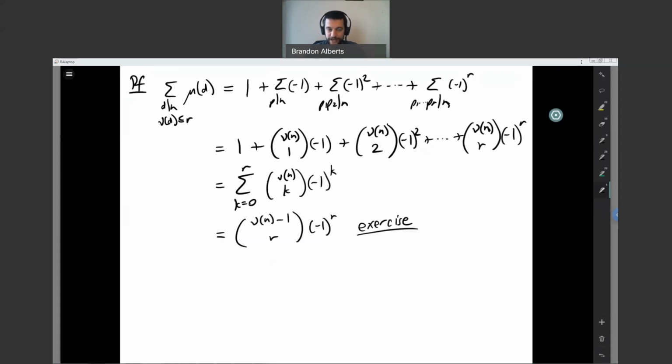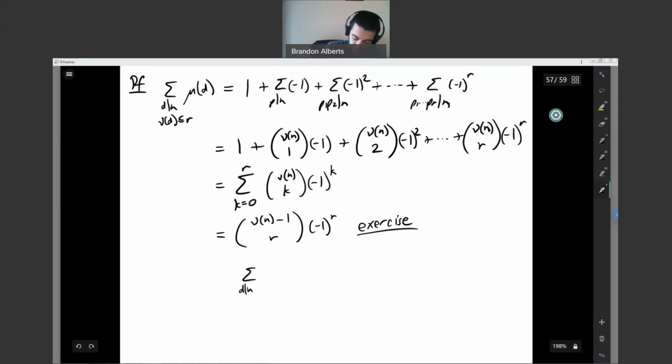It's really just about binomial coefficients. You can replace the nu of n with any other integer, whatever other letter you want, and this is still true. And once you have that, we now know that this sum over divisors of n with a bounded number of primes is actually equal to plus or minus a special binomial coefficient.